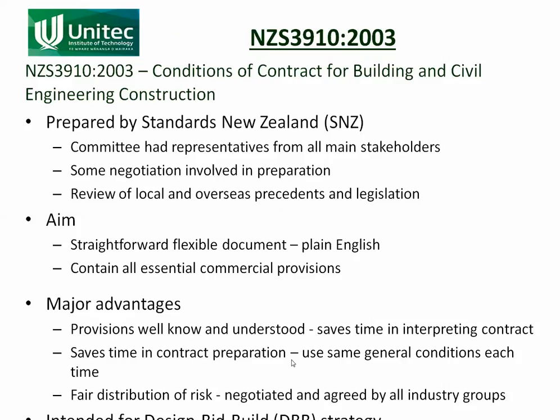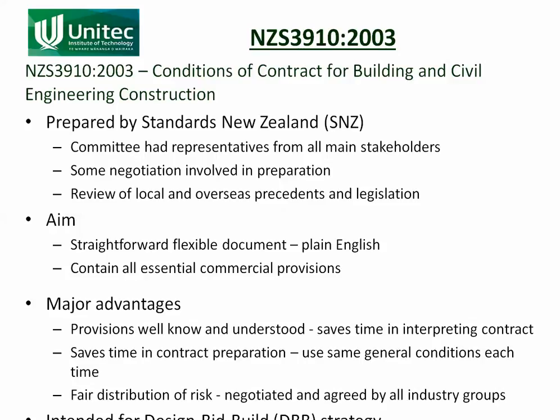Now NZS 3910 is the standard we use for the general conditions of contract. It was prepared by Standards New Zealand, SNZ, and it was prepared by a committee that was composed of people from all parts of the industry.